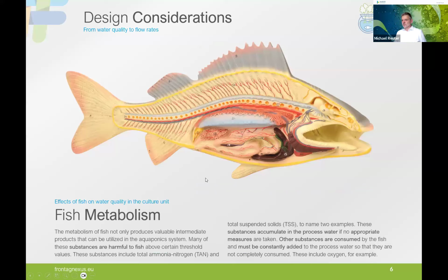When we're designing a recirculating aquaculture system, we have to consider some things.